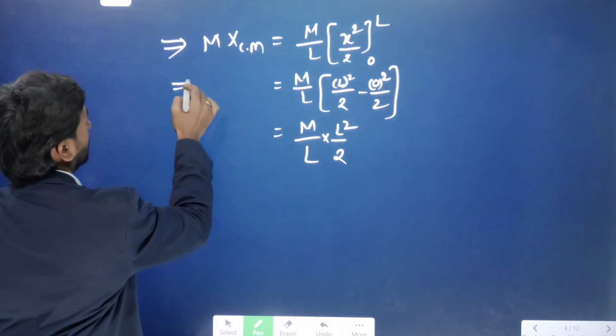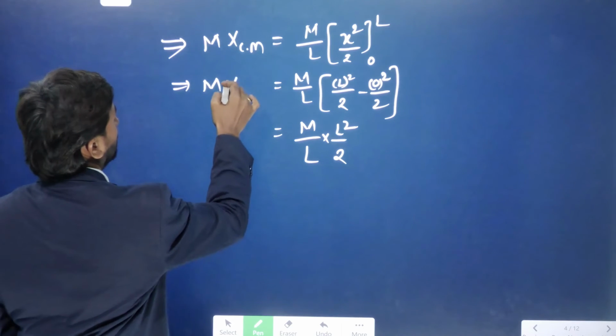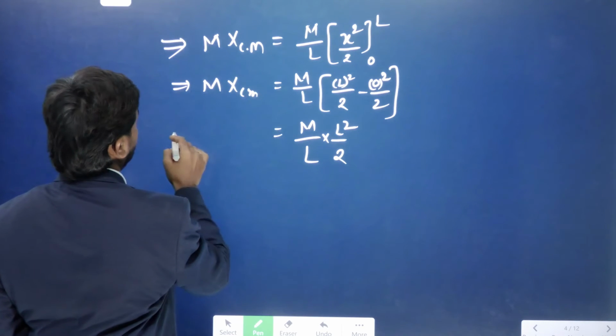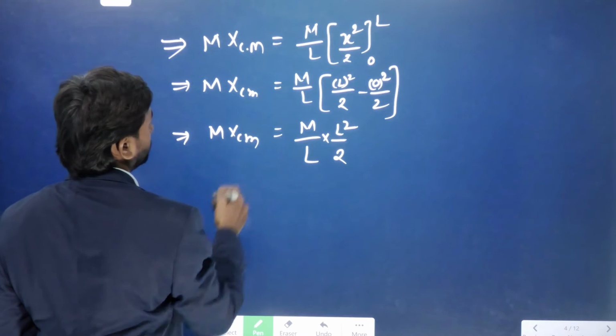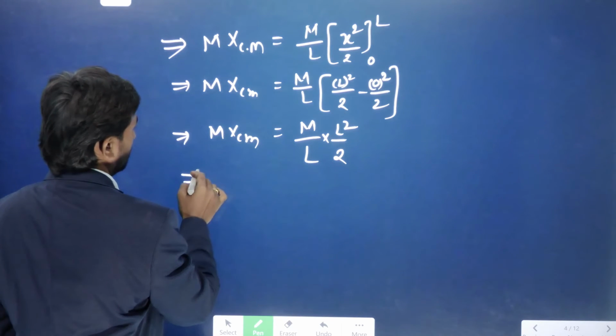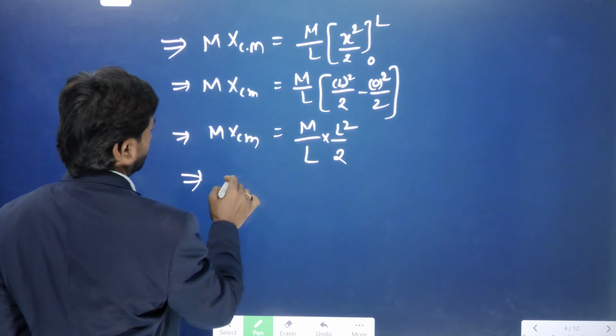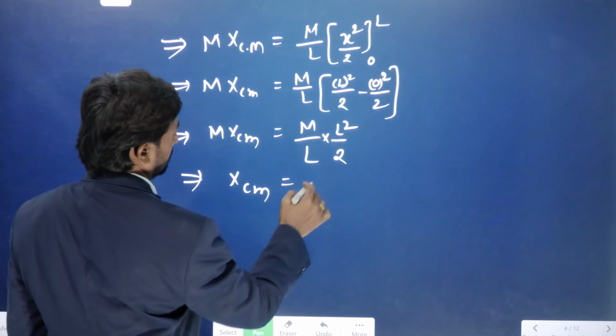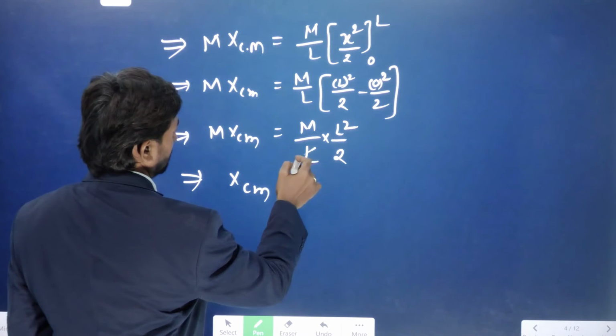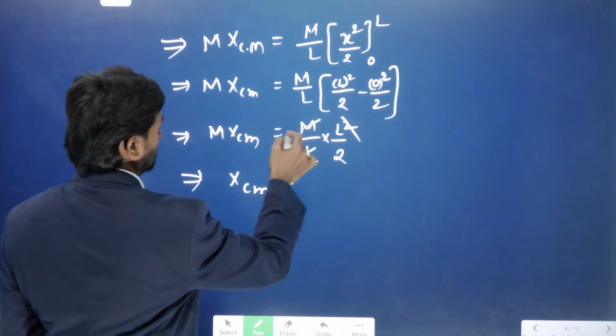So here we get m into x_cm, and here also we will get m into x_cm. Now from this, x_cm is equal to: L and L will be cancelled, and mass and mass will be cancelled.